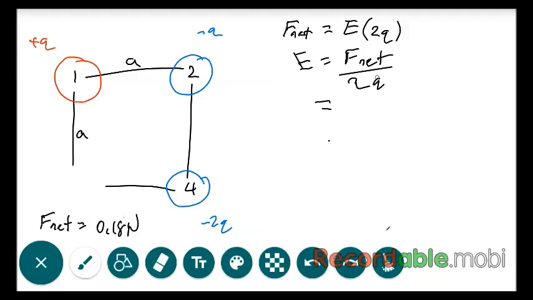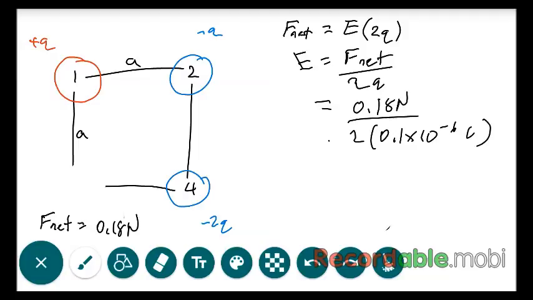Our F net, as found in the previous part, was 0.18 newtons over 2Q, which is 0.1 times 10 to the negative 6 coulombs, and therefore our answer is 9 times 10 to the 5th newtons per coulomb.